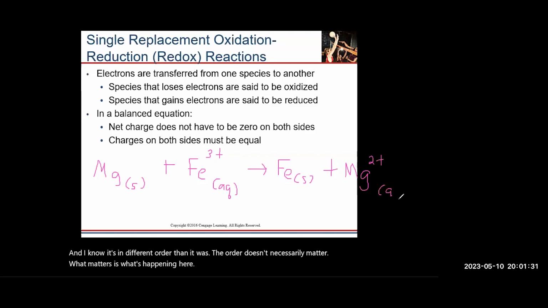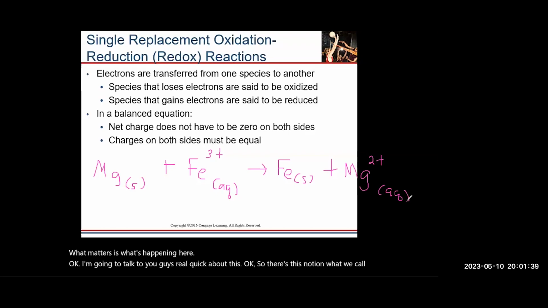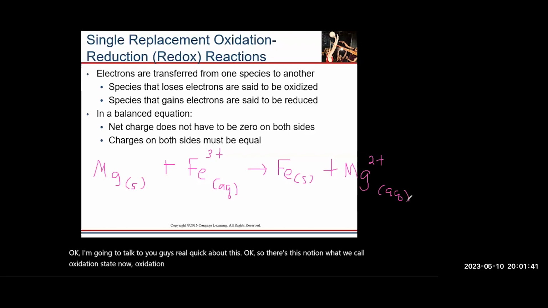Okay, I'm going to talk to you guys real quick about this. There's this notion we call oxidation state. Oxidation state basically means we're paying attention to electrons. Every element, when it's a solid and there's no charge associated with it, has a 0 oxidation state.